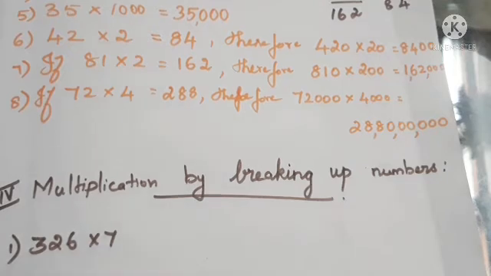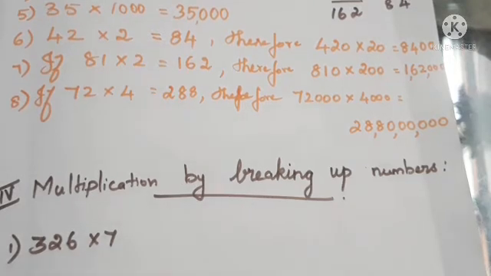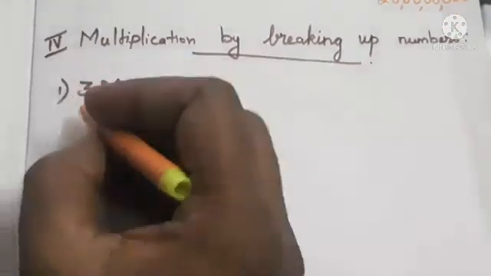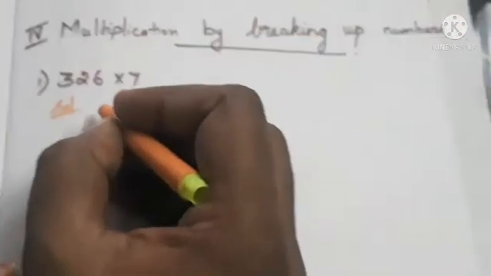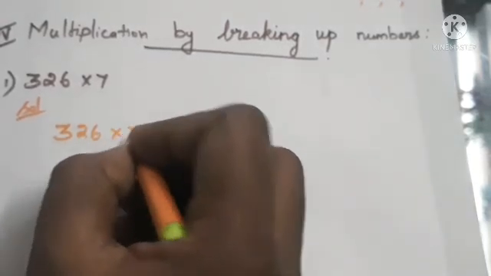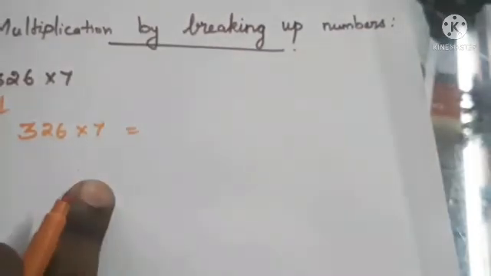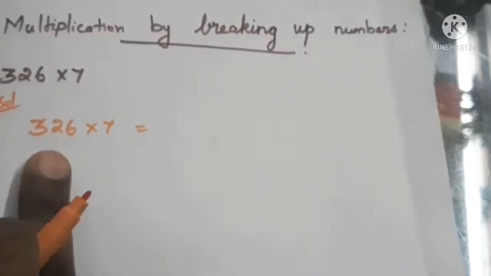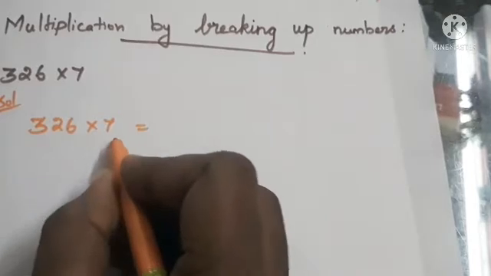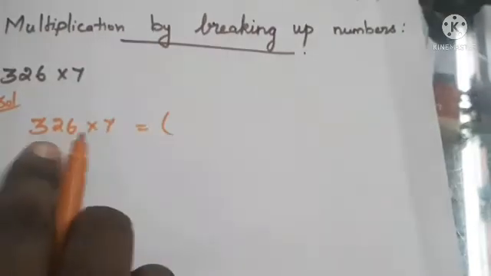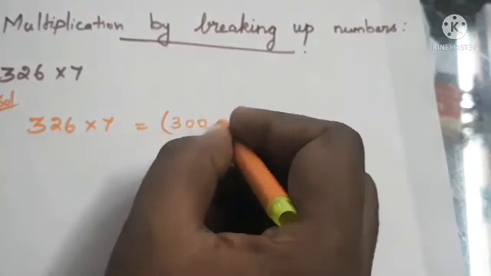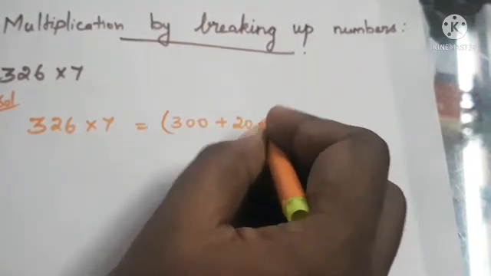Listen, how to multiply: first we write the solution. Here we are going to multiply 326 into 7. First we break the 326. We write 326 into 7 is equal to, and first we break this number like 300 plus 20 plus 6.